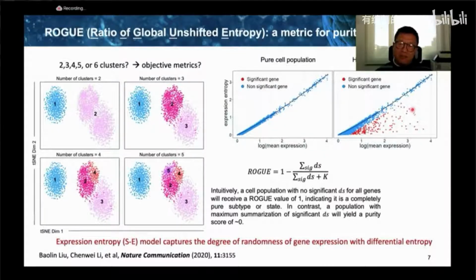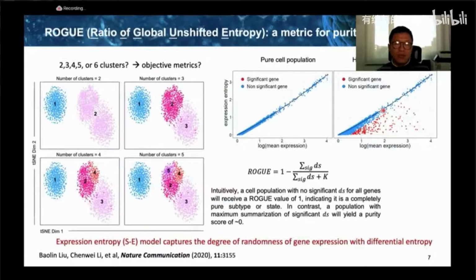So in fact, you can quantify the number of genes down here to describe the degree of heterogeneity. You can derive this Rogue index, which stands for ratio of global unshifted entropy. When Rogue is close to 1, that really means this is close to a pure population. Otherwise, it's not really pure.